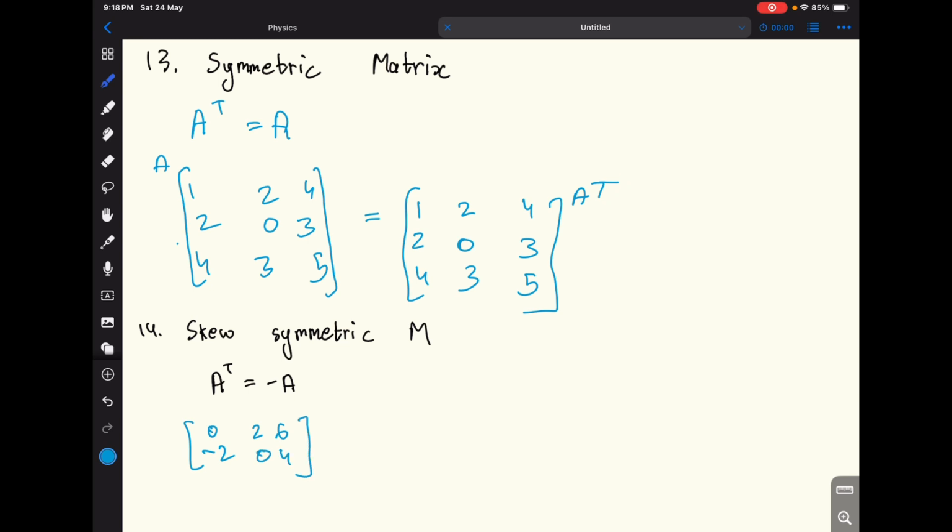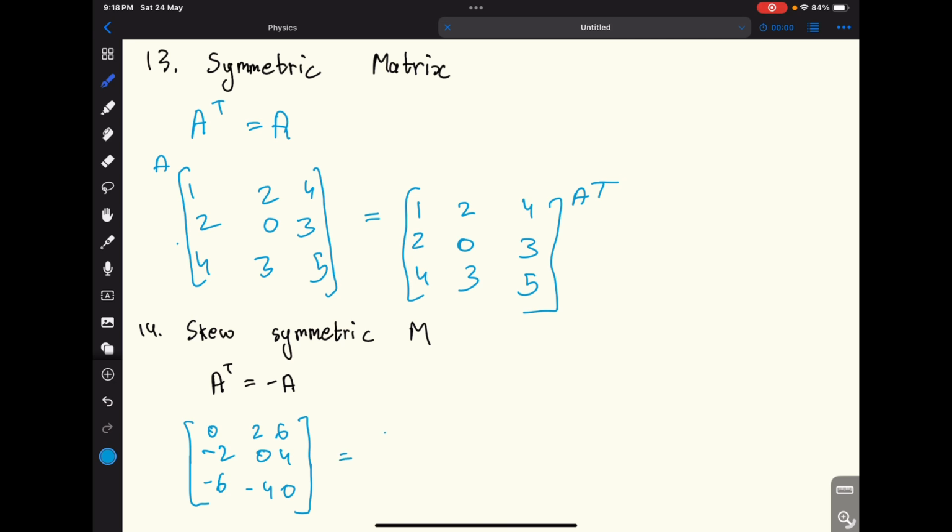And there is one rule: in symmetric matrix and skew symmetric matrix, the matrix should be a square matrix. If a question comes to identify whether it's a symmetric or skew symmetric matrix, you first check if it is a square matrix or rectangular matrix. If it's a rectangular matrix, directly leave it.